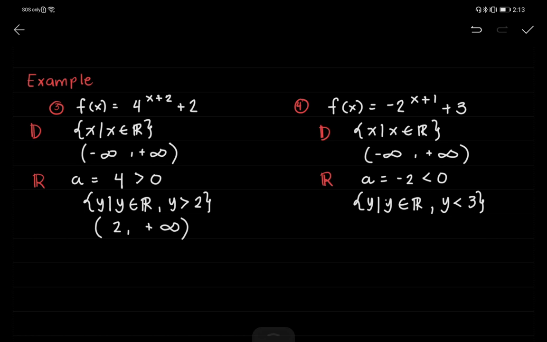Or we can express our answer as, since ito is less than, susulat mo muna yung ating negative infinity. Tapos, yung ating horizontal asymptote, which is yung 3. So this is now our answer.